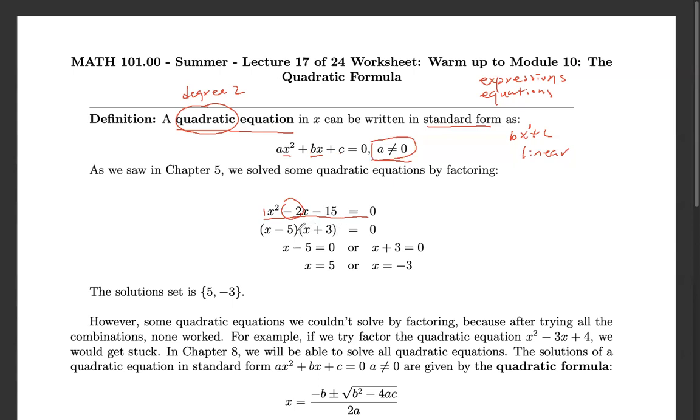Then because it's a product in factored form, we use the zero property. If we have one factor, which can be any expression, and another factor, which can be any expression, and the product of those two is 0, that means one of them must be 0. So this is called the zero property.